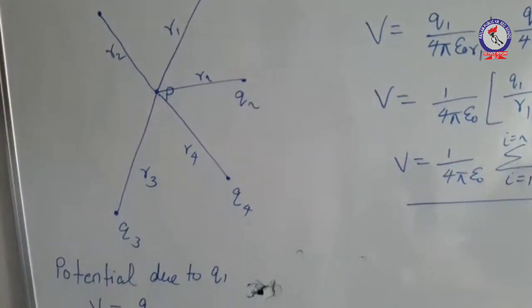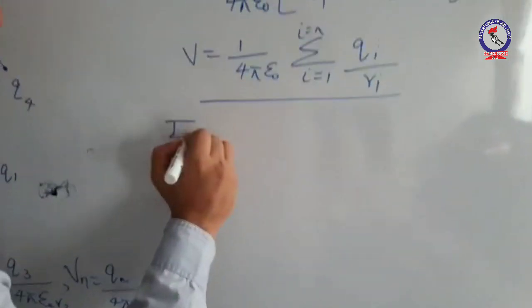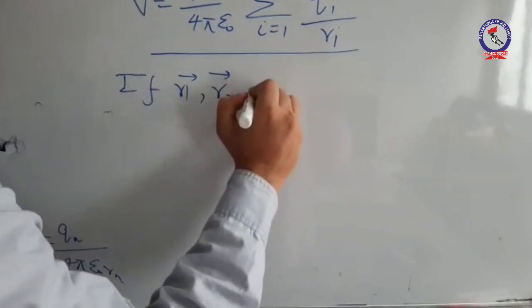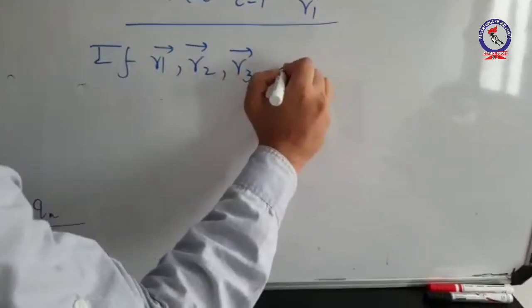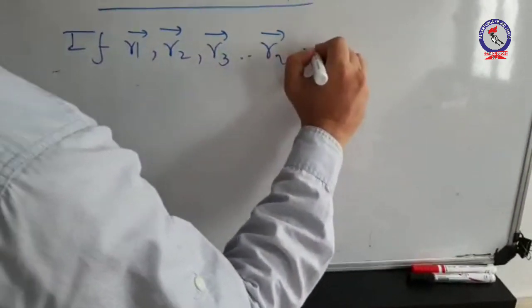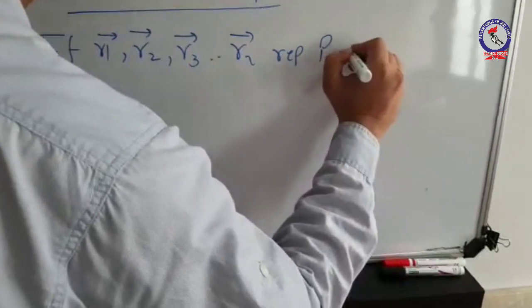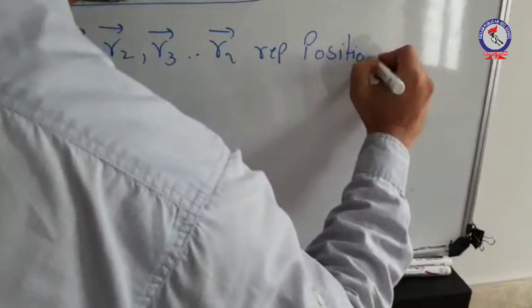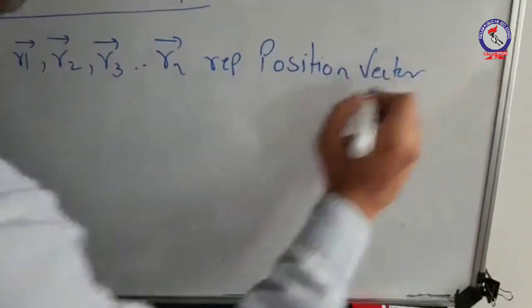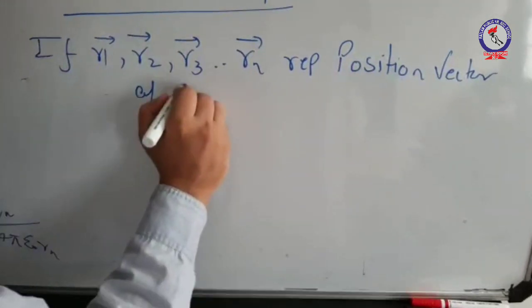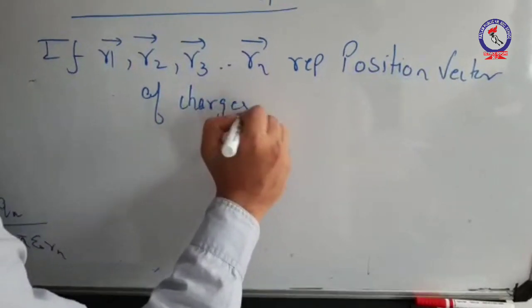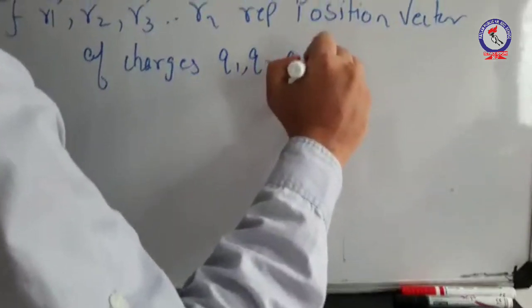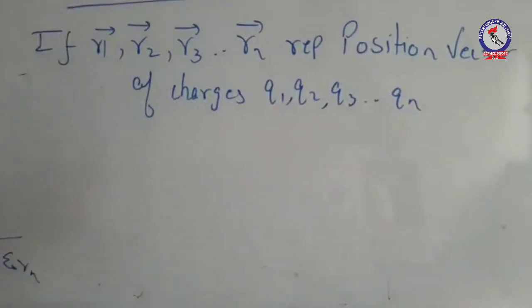Now suppose that R1, R2, R3 and Rn represent the position vectors of charges Q1, Q2, Q3 till Qn.